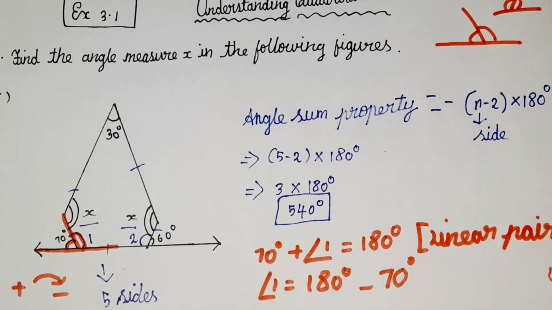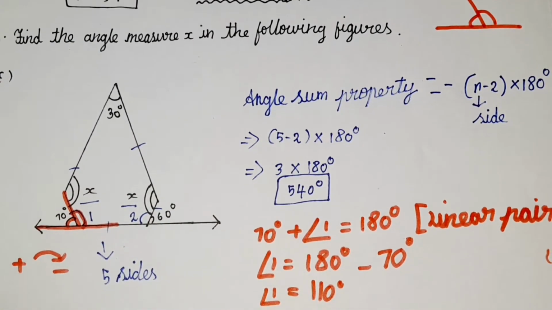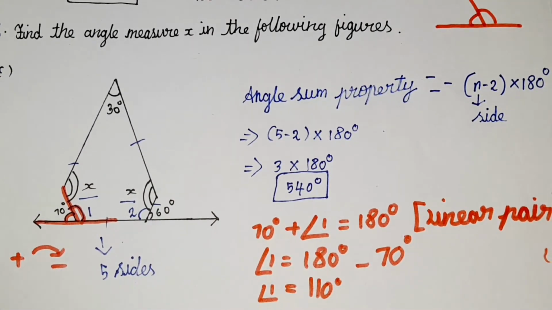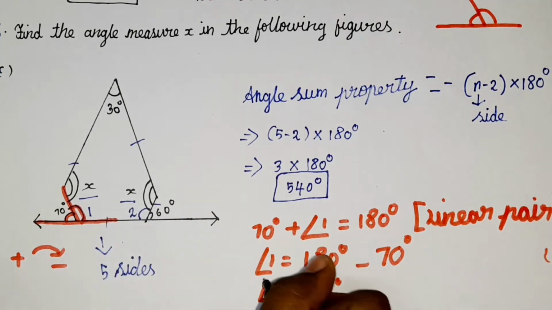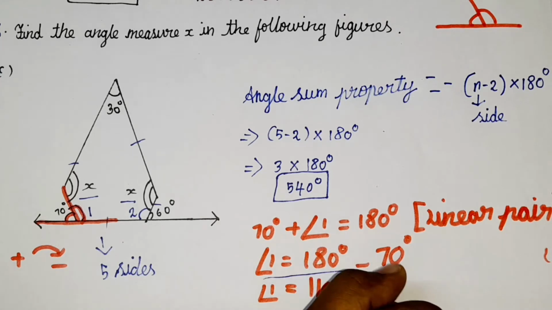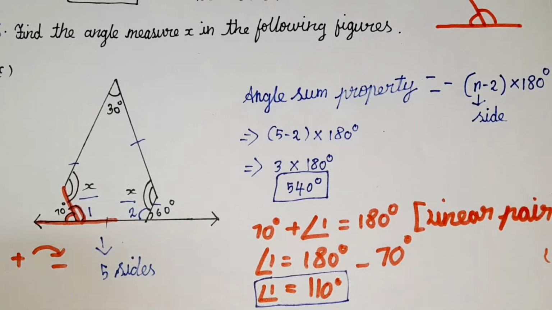So angle 1 is equal to 180 minus 70, which is 110 degrees. Now we found the value of angle 1. You might think the sum is over, but not yet. I told you we should find angle 2 also. So let me mark it: angle 1 is equal to 110 degrees.